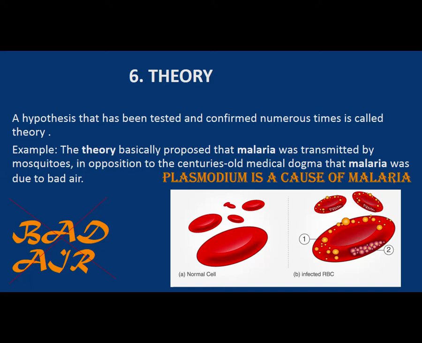In case of malaria, what is the theory? The theory proposed that malaria was transmitted by mosquitoes, in opposition to the centuries-old medical dogma that malaria was due to bad air.